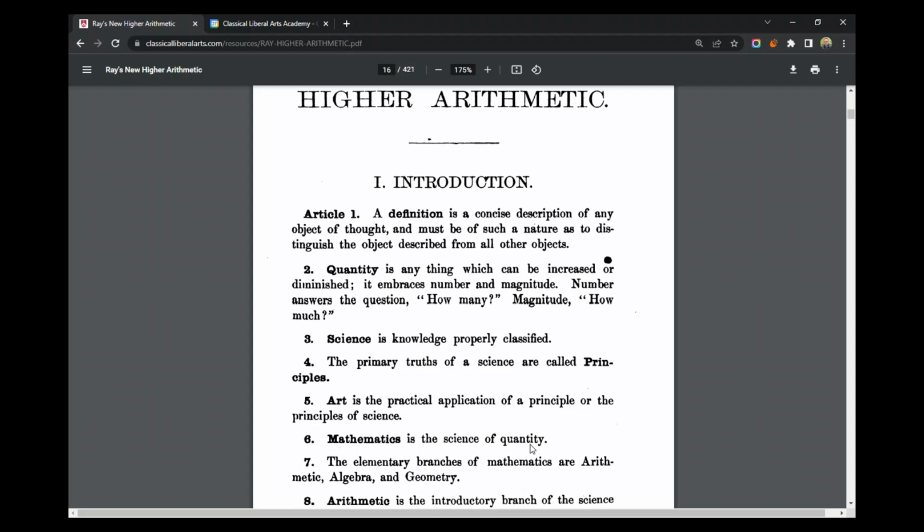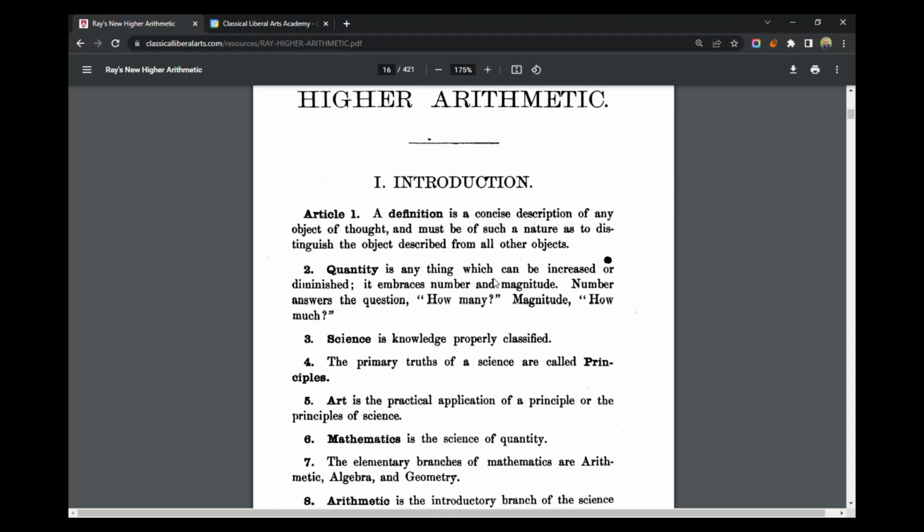That word quantity is defined in Article 2. Quantity is anything which can be increased or diminished. Mathematics is the science of anything which can be increased or diminished. Anything that can become more or fewer, anything that can become greater or less is a quantity.